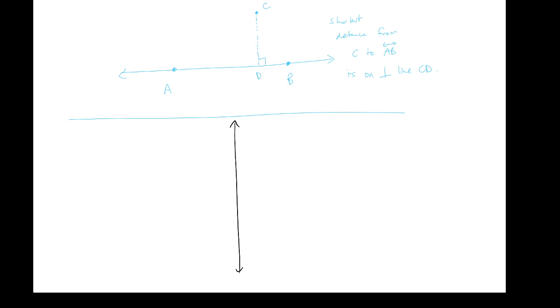Construct a coordinate plane with the x and y axes, and we're going to take line AB, which is going to be negative 6, 3, and that's point A. And then we're going to have 6, negative 3.